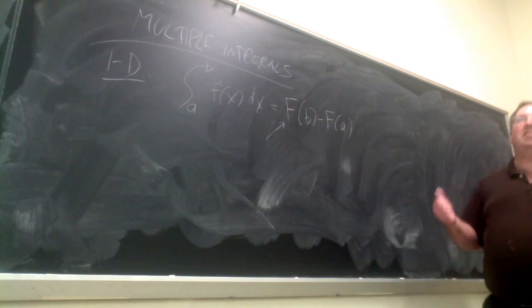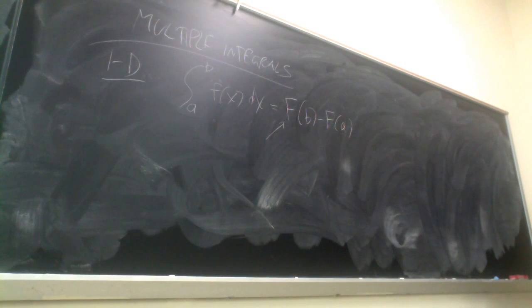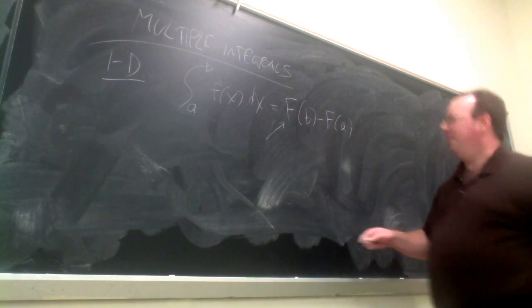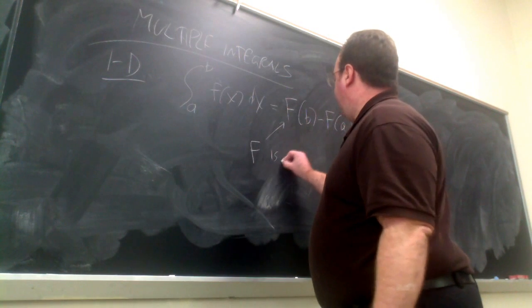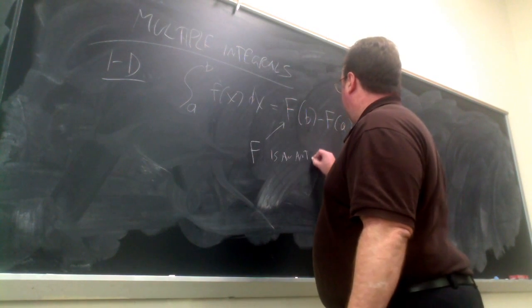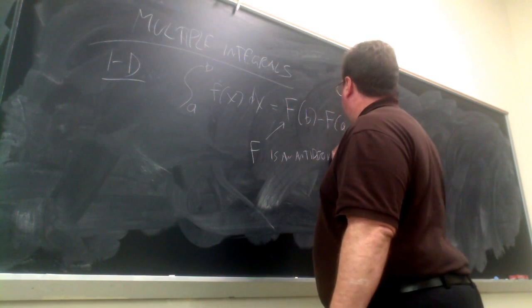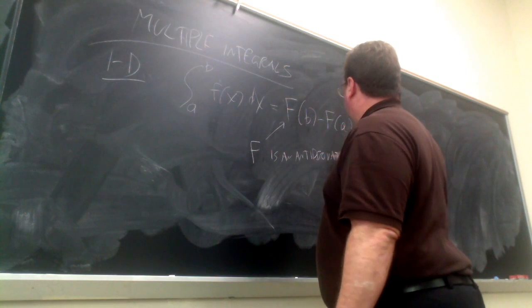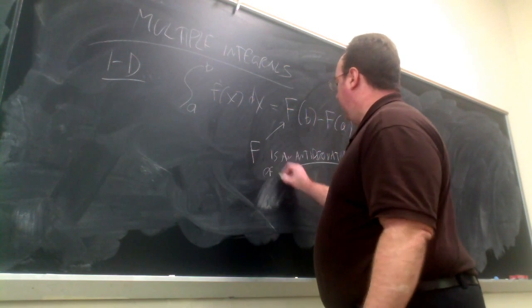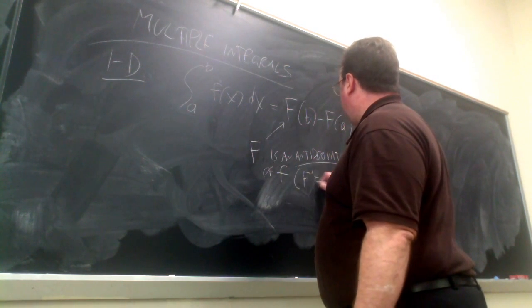We could call it like the indefinite integral. What's the other term for it? Starts with an A. Antiderivative. Yeah. So big F is an antiderivative of little f, meaning that big F prime is equal to little f.